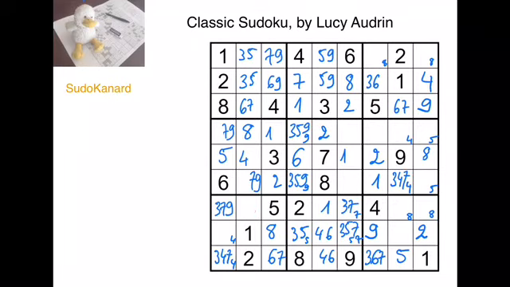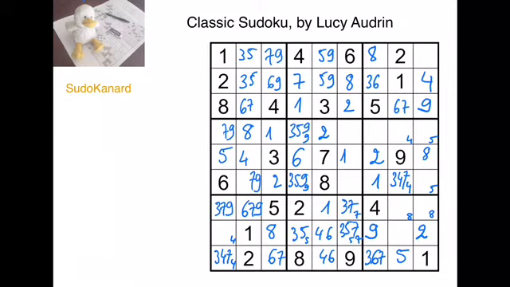Six, 7, or 9 in this cell. And let's ponder all those findings. No 8 in here. In this column, 8 has to go there, which was also given by this 8.